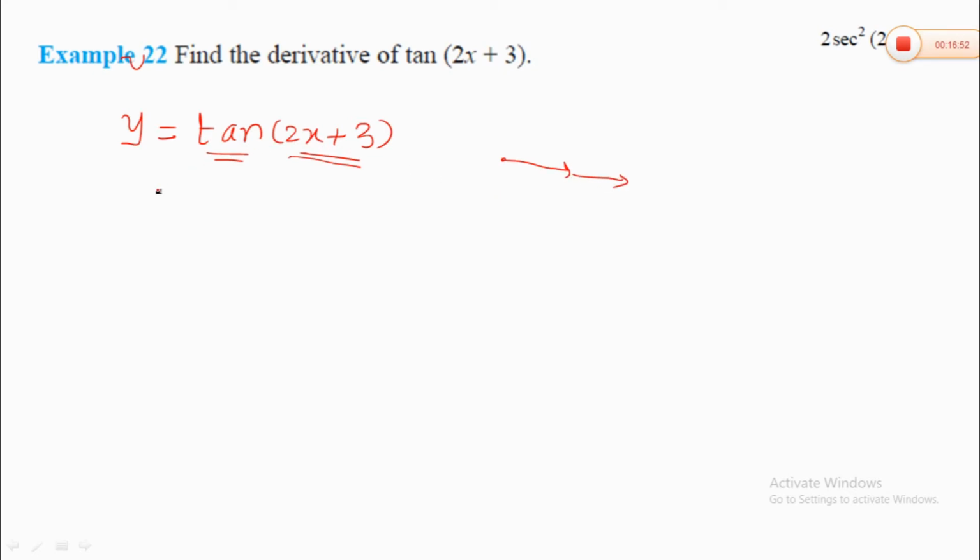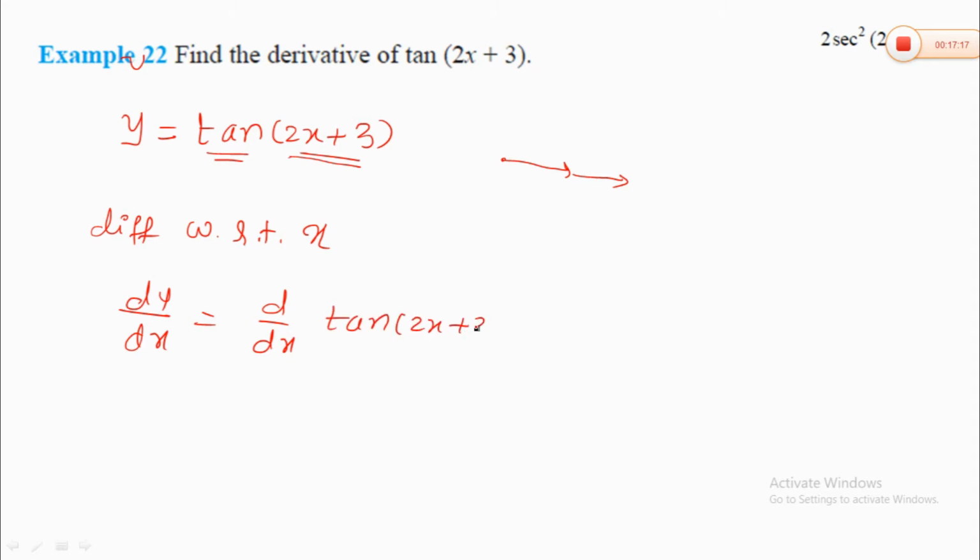So differentiate the function of x with respect to x. So dy by dx equals d by dx of tan of 2x plus 3.